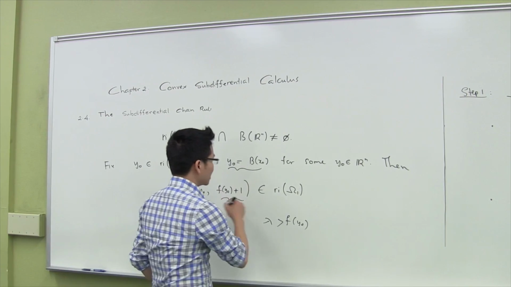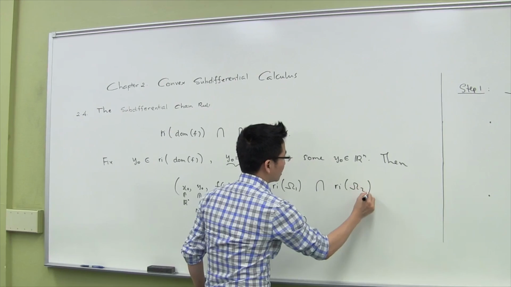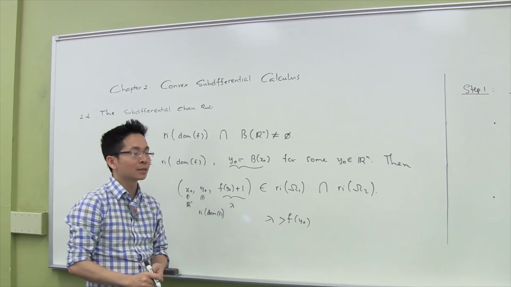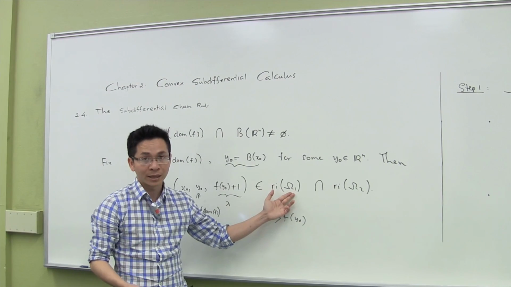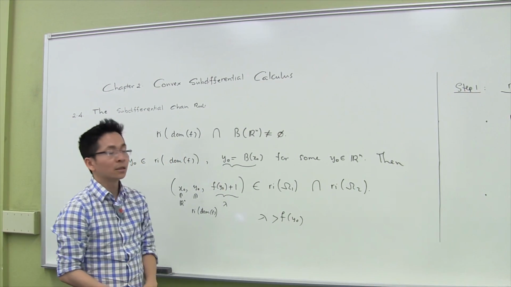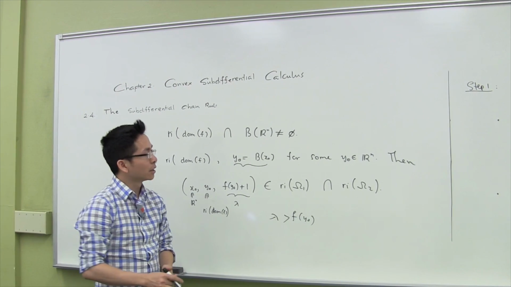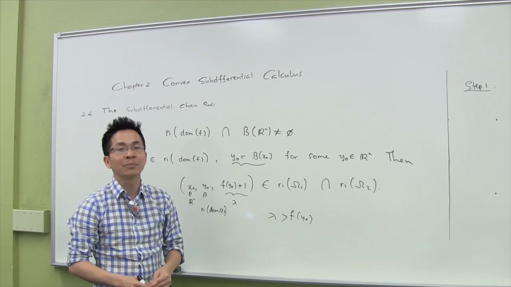Therefore, this element belongs to the relative interior of omega 2. So we have proved that the intersection of the relative interior of omega 1 and the relative interior of omega 2 is non-empty. By the way, those sets are convex sets in Rn times Rp times R.